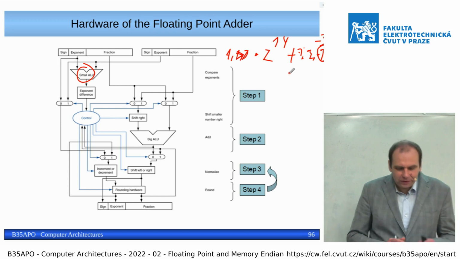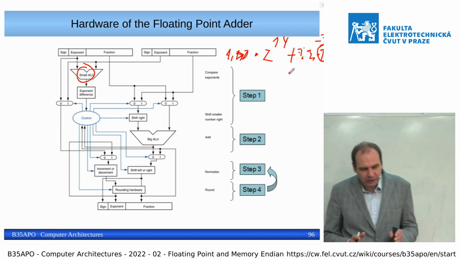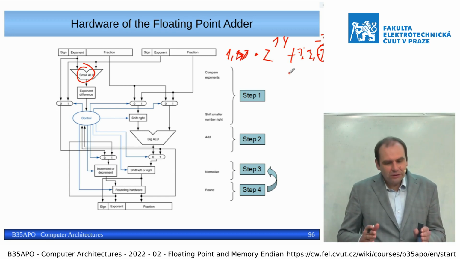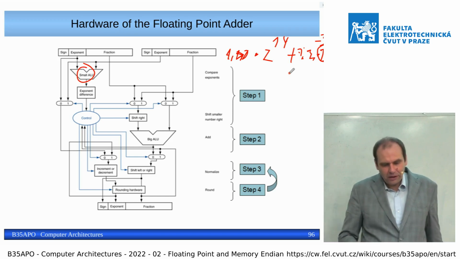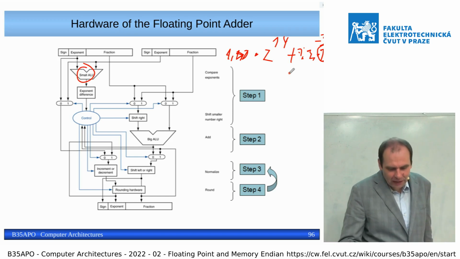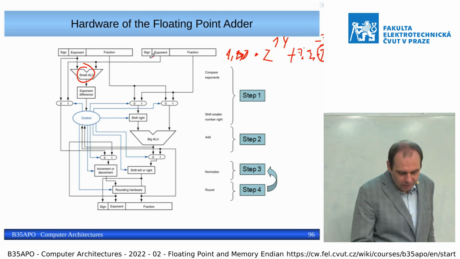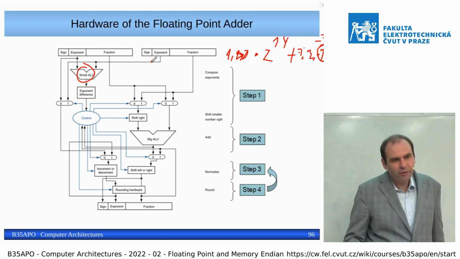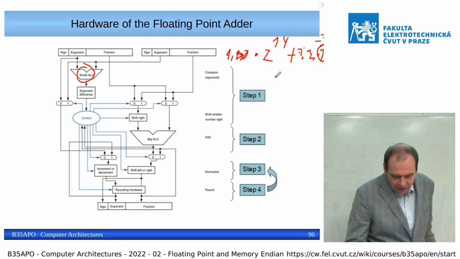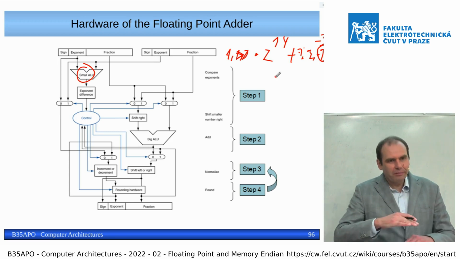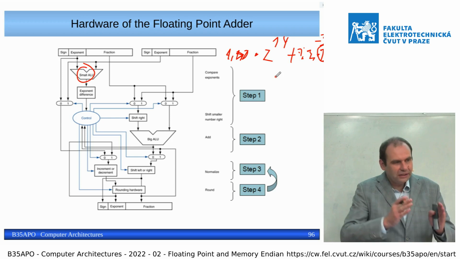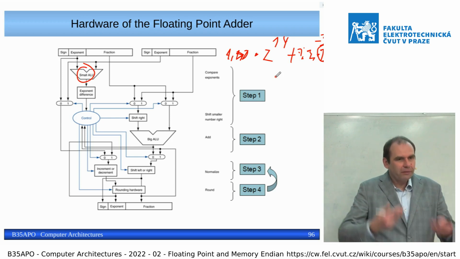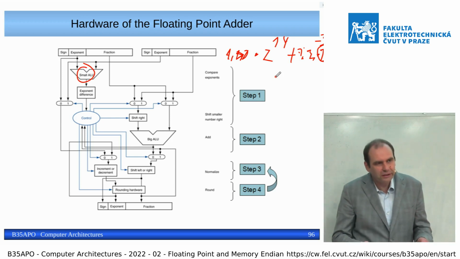You find the difference between the exponents, and then you need to move right, so divide by 2 so many times the number with the smaller exponent. This way you align the exponents and the digits one below another so that they correspond, and you can proceed with the actual subtraction.